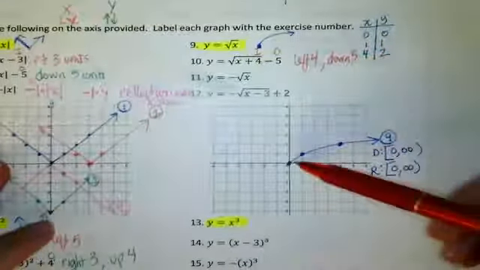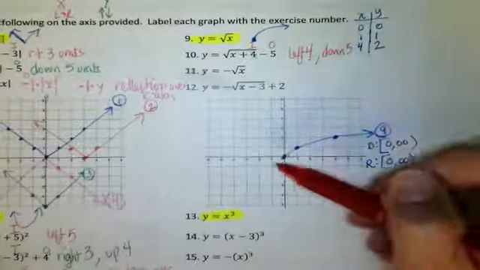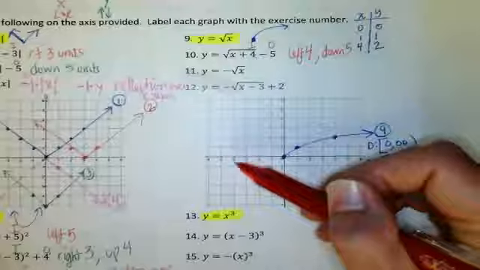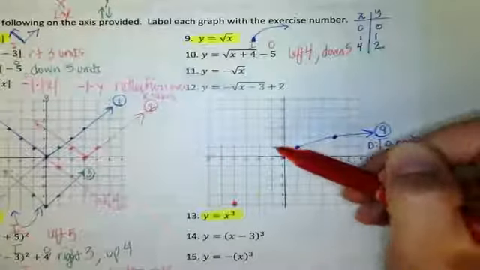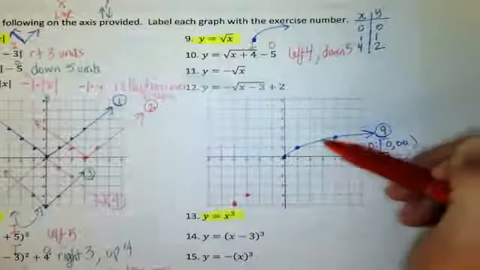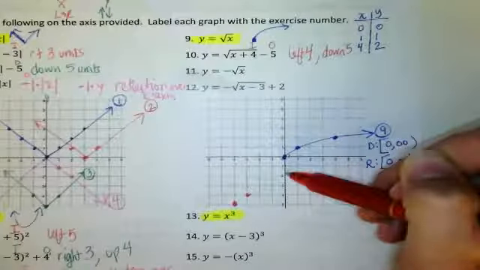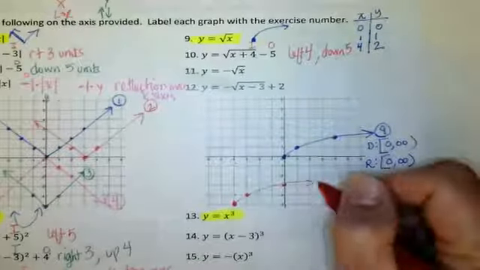So I'm going to take my parent function and slide it left 4 units and down 1, 2, 3, 4, 5. All right, there we go. That's number 10.